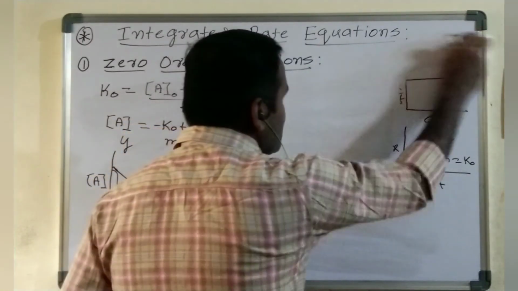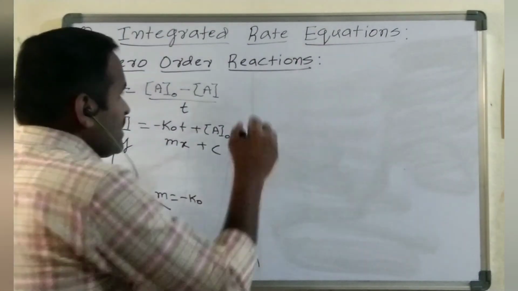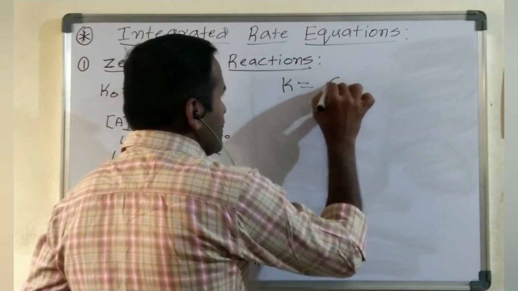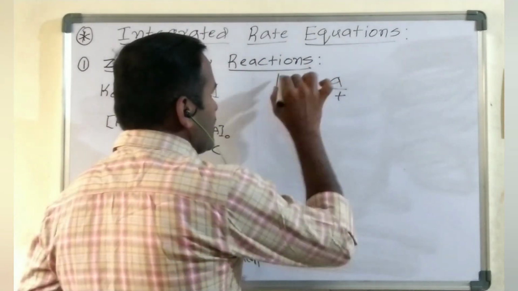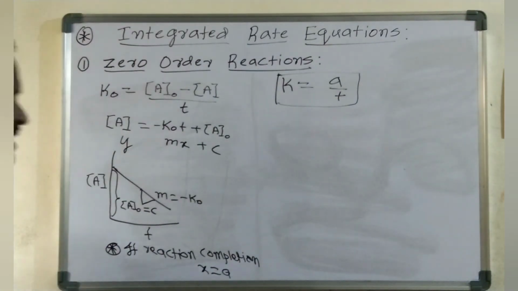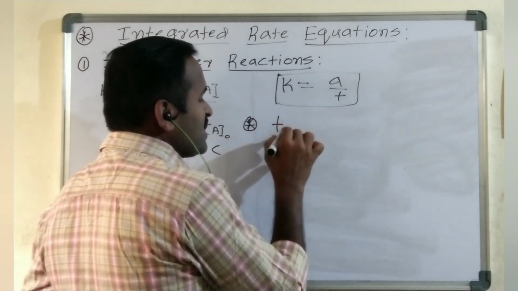If x is equal to A, then I can write k is equal to A by t. So for reaction completion, the rate constant k is equal to A by t. In some cases they will ask for the time required for completion of the zero order reaction.